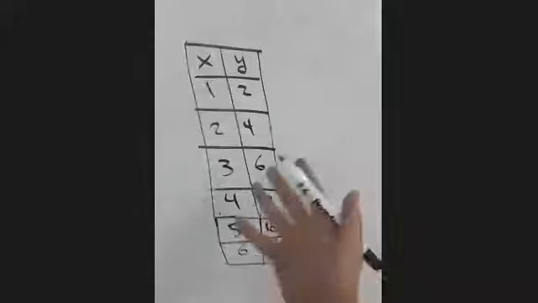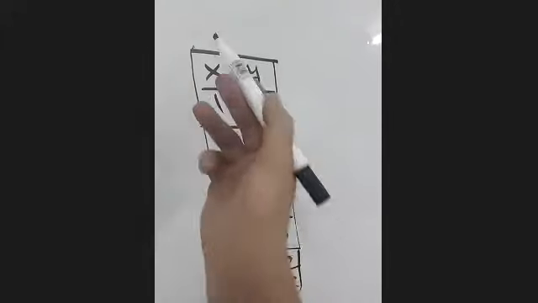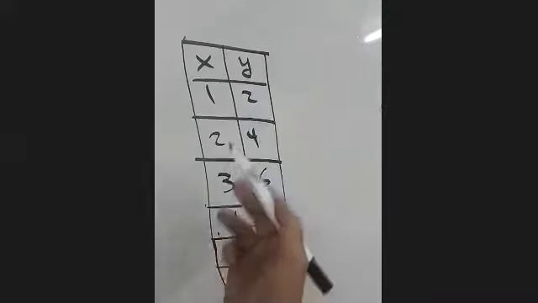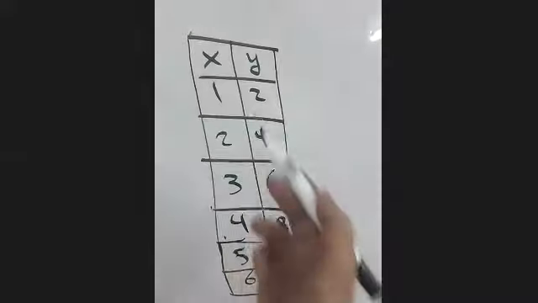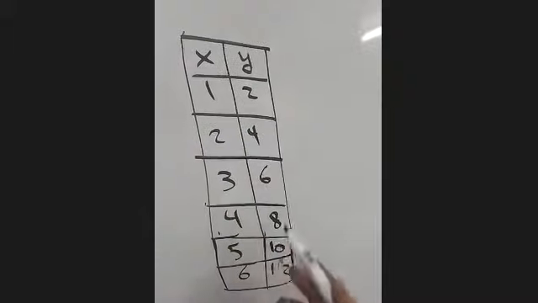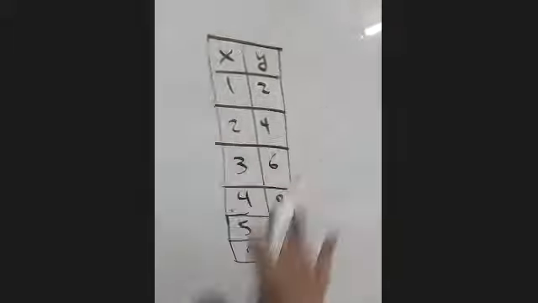I have a table of values. If x equals 1, y equals 2. If x equals 2, y equals 4. If x equals 3, y equals 6. If x equals 4, y equals 8. If x equals 5, y equals 10. If x equals 6, y equals 12. This is the table, the relationship between x and y.